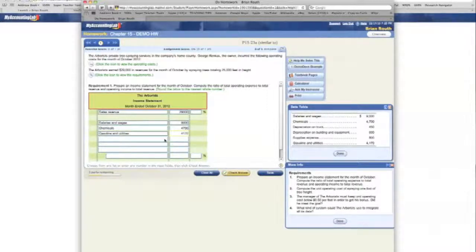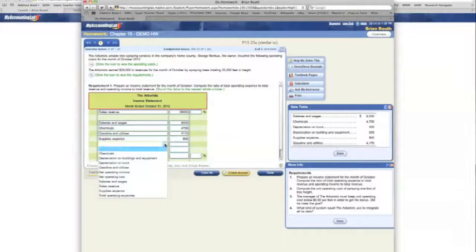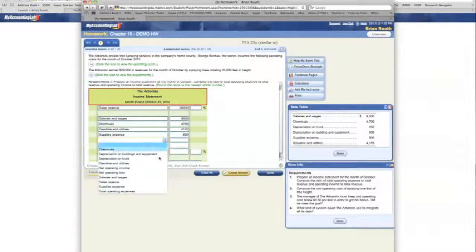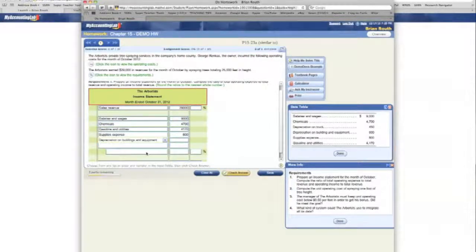The fourth would be supplies expense at $800. The fifth would be depreciation expense on building and equipment. So again, make sure you're selecting the correct one, because they give you 2 in the drop-down box. But the one we want here first is depreciation on building and equipment of $600. And the last one would be depreciation on the truck of $450.